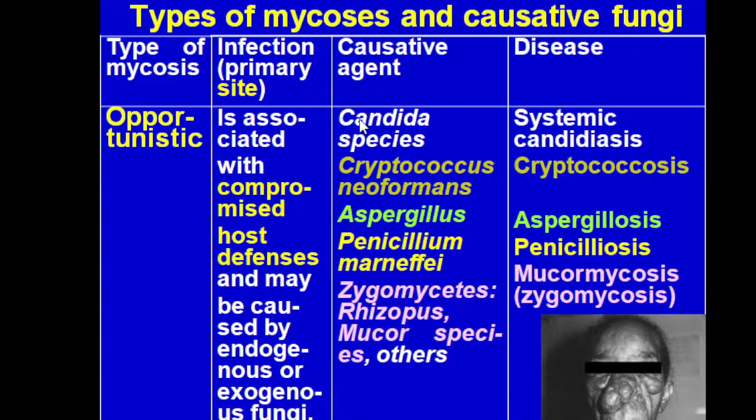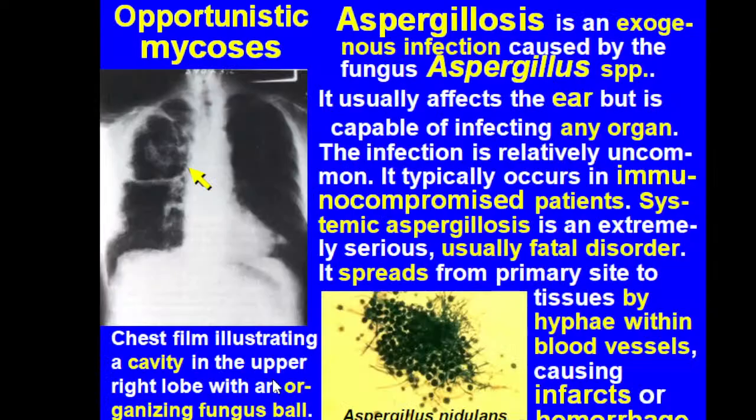But also Candida species may cause endogenous fungal opportunistic mycosis. So, and this is the example of quite common one in immunocompromised individuals, especially those with HIV, that are HIV positive. So, and usually aspergillosis is an exogenous infection caused by different species of Aspergillus.